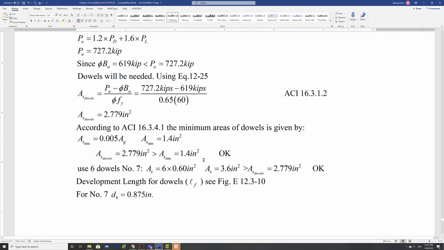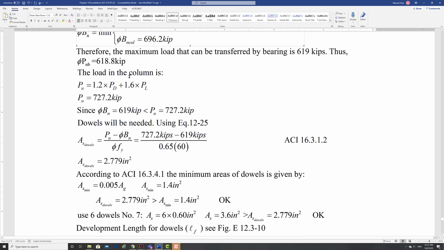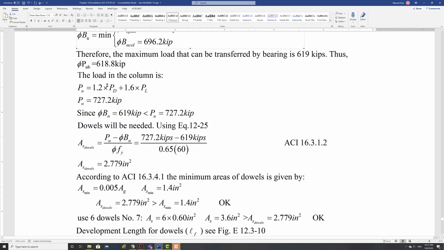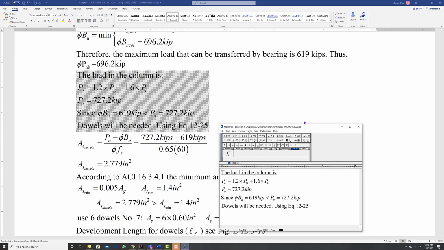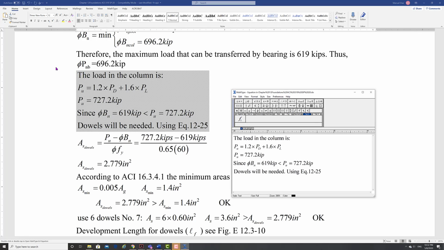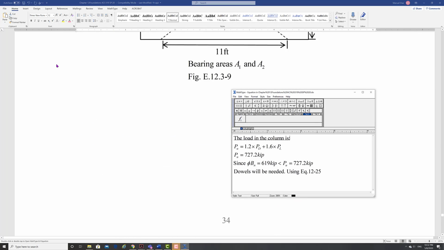And see what changes we got here. Find my factored load. I don't think I changed this one. So let's go here. Controlling value 696.2. This one now has to change because I copied this from that MathCAD, but I changed the loads, right? And our loads were changed to what? 345 and 178.